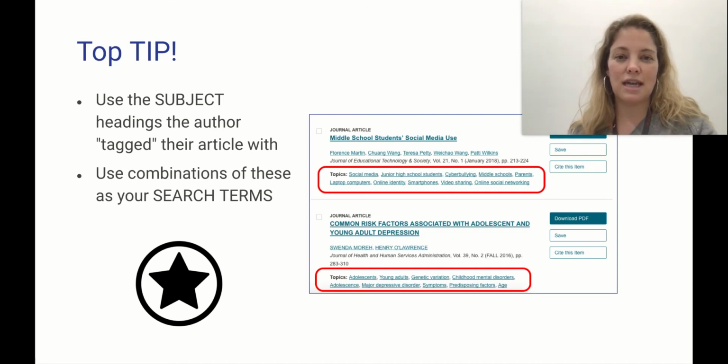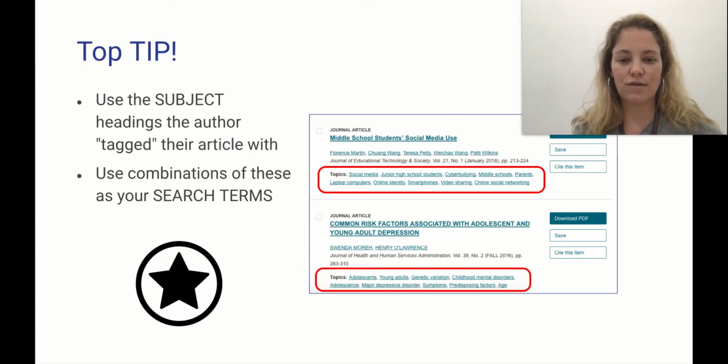And you can actually take those keywords and search them. Why those keywords are so powerful is because if that's the common language that's being used across all of these entries or articles or research, if you're using that same language, it will connect you with those articles much easier.